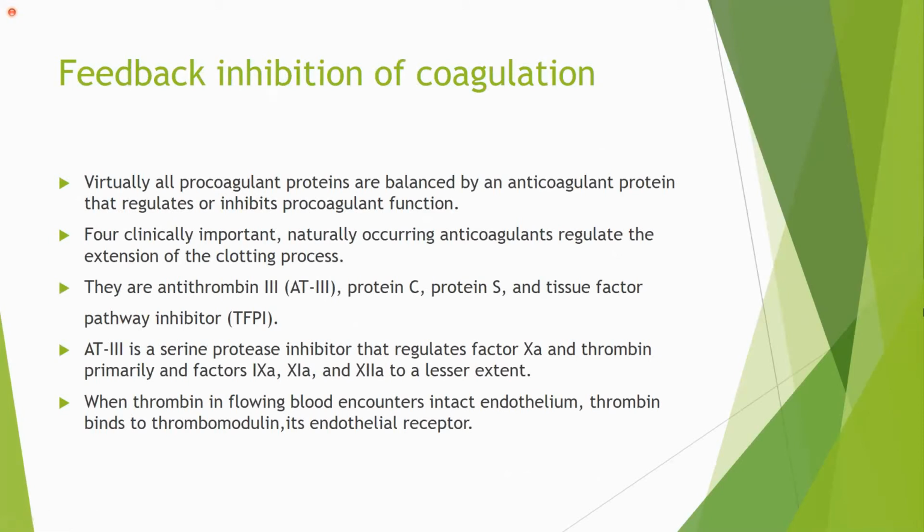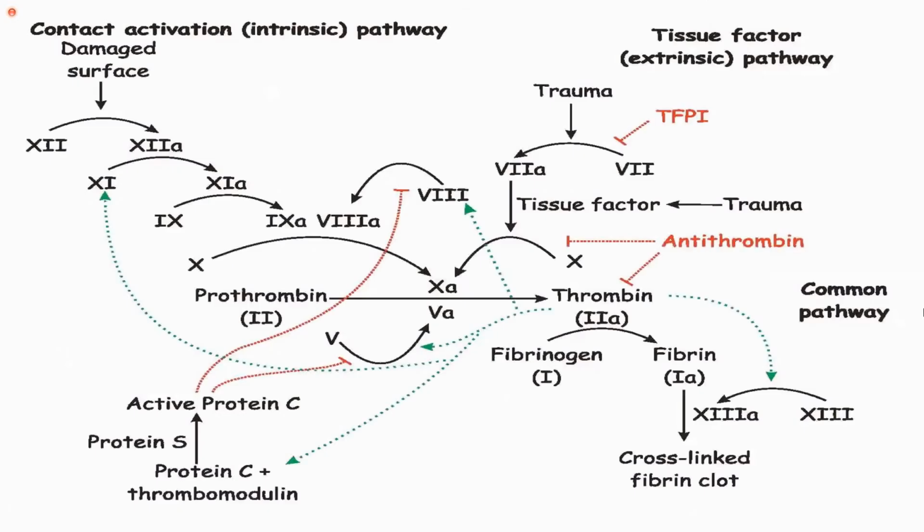Now, once this coagulation is initiated, there must be an inhibition pathway to limit the coagulation. Here you can see this is the intrinsic pathway, this is the extrinsic pathway. Ultimately, prothrombin is formed into thrombin, and this thrombin activates fibrinogen into a fibrin clot.